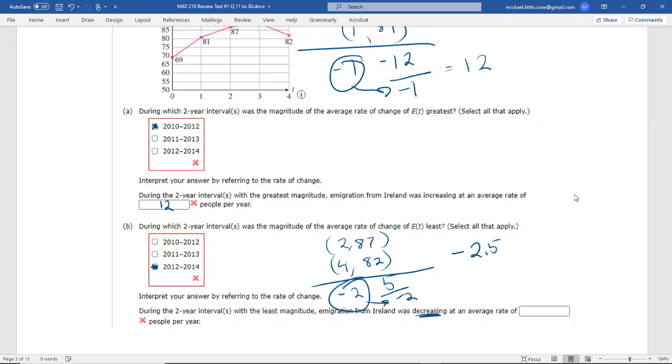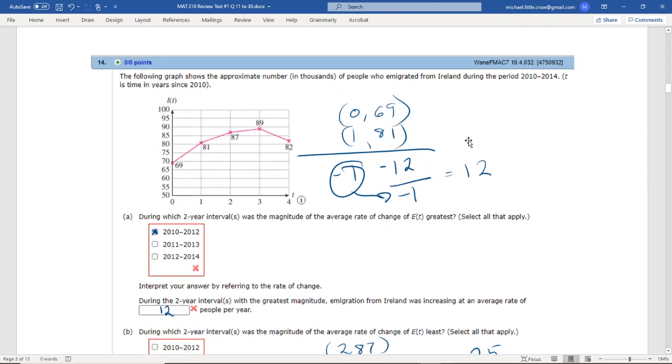And again, that's in what, millions of people, or, oh wait, this is in people per year. This is in thousands of people per year, so be careful here. I would have gotten this wrong, that's why we check it. The units are people per year. The units for our graph here are in thousands of people per year. So when backing up for the A part, we should have taken 12 times 1,000.